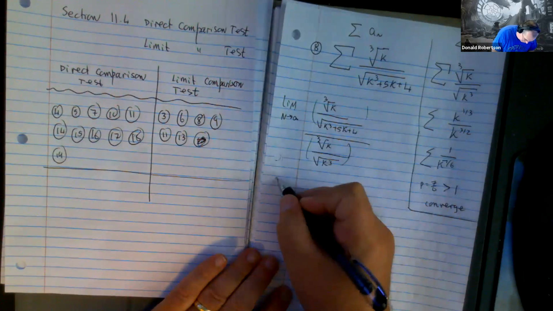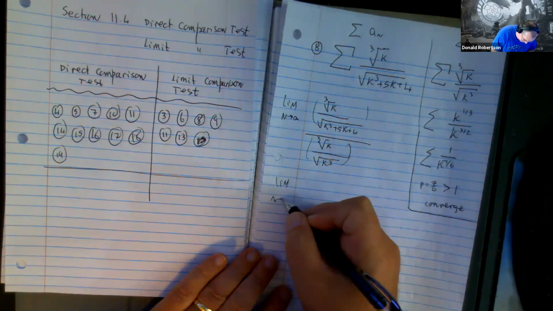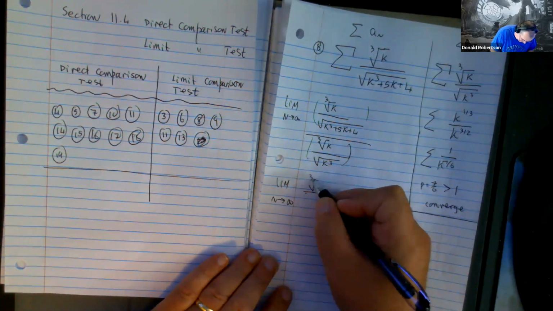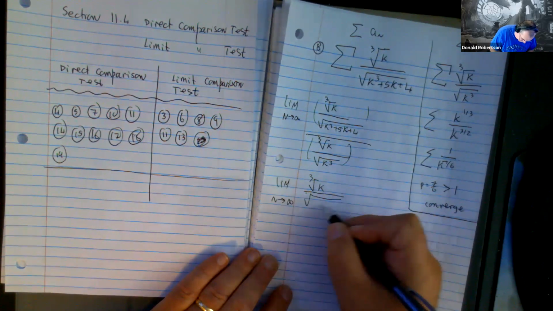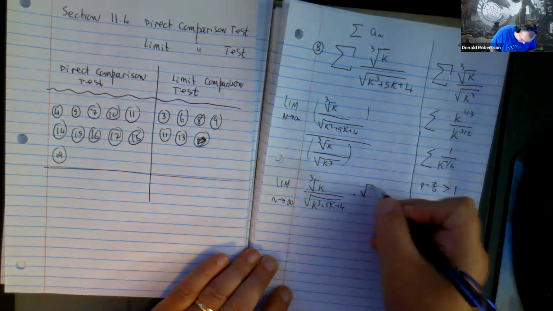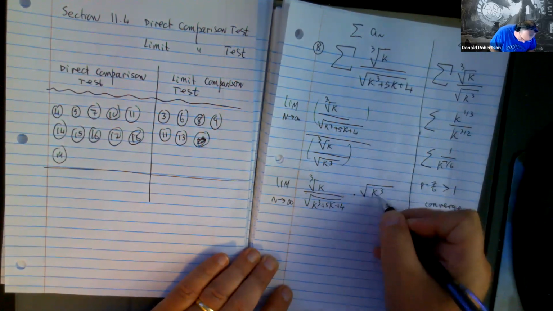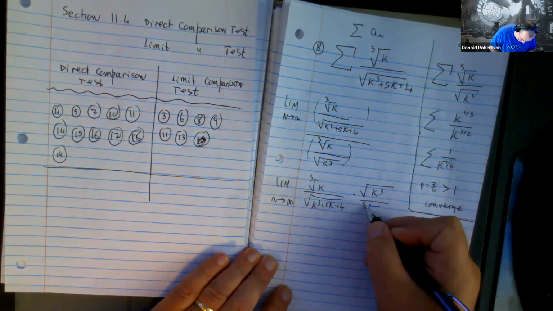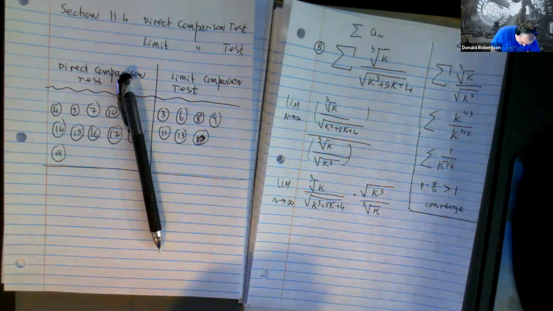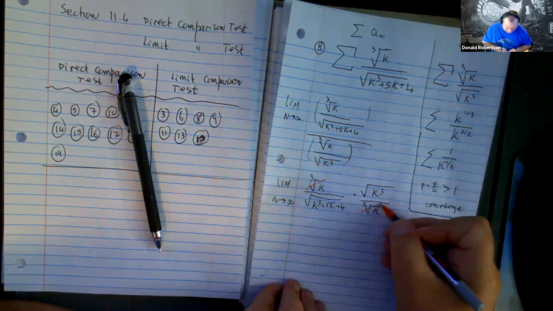Now that becomes the limit as n tends to infinity of the cube root of k over the square root of some ugly stuff times that fraction. And let's see what we can do with some killing. Won't that guy kill that guy off?